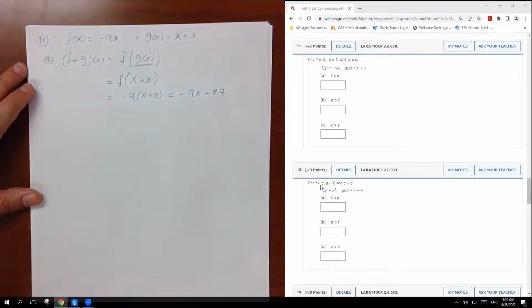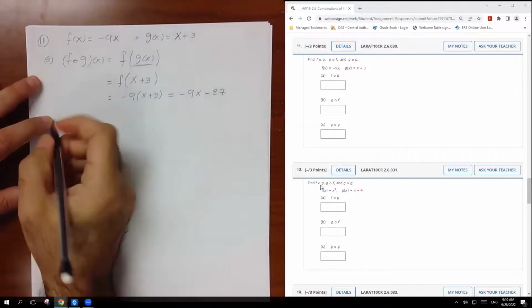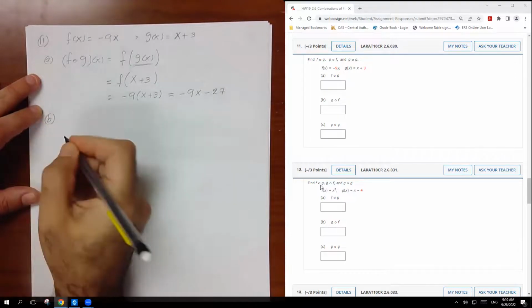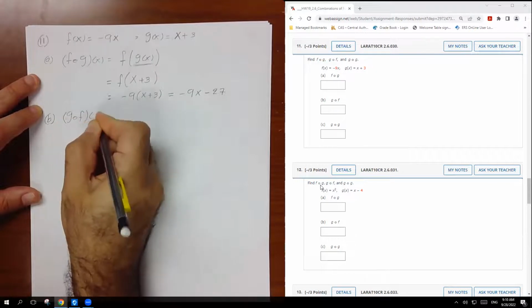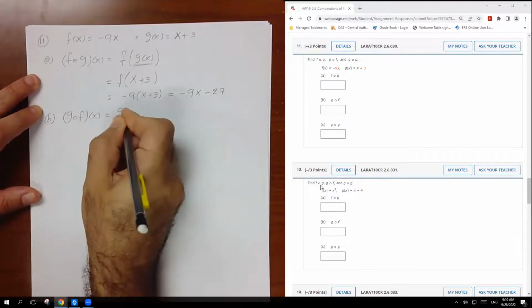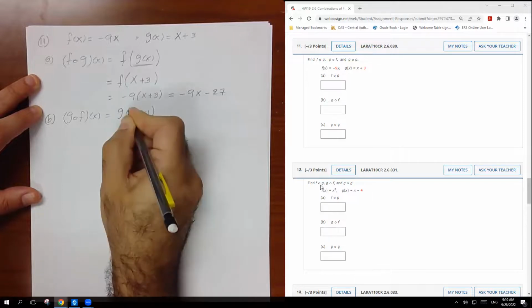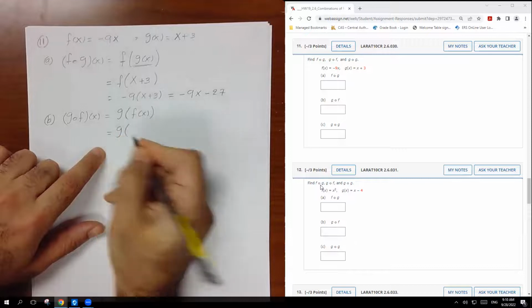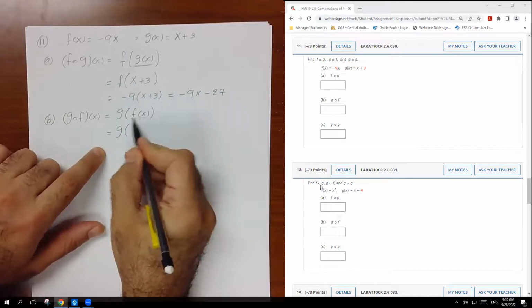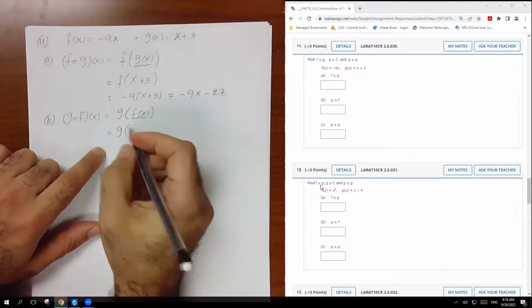Negative 9x minus 27. The second one, B, we're going to do the opposite thing. We're going to do g composite with f of x. So g is out, f of x inside. I'm going to write down the whole f of x function, which is negative 9x.